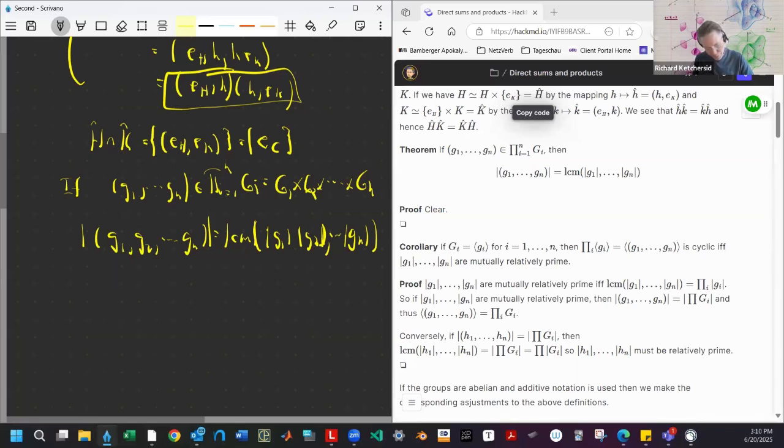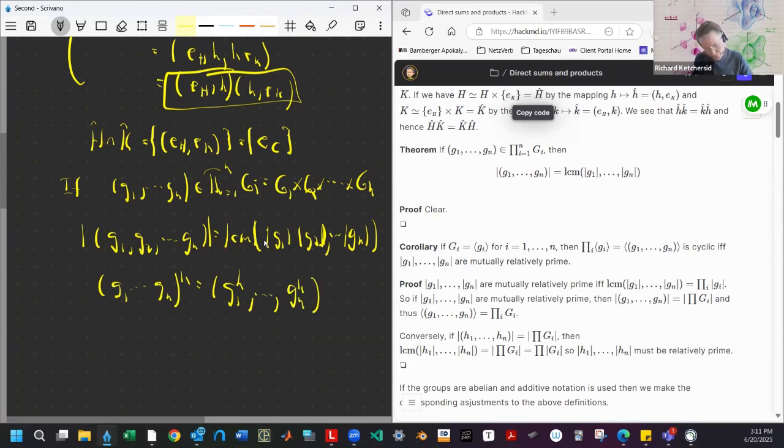And that's because when we look at the powers, (g1, ..., gn) to the k is just (g1 to the k, ..., gn to the k).